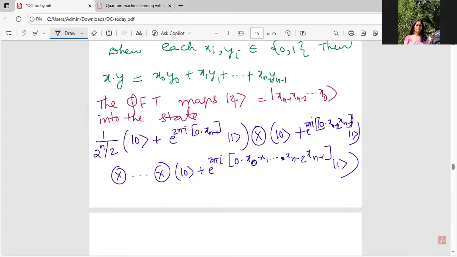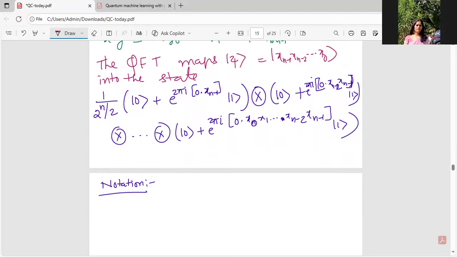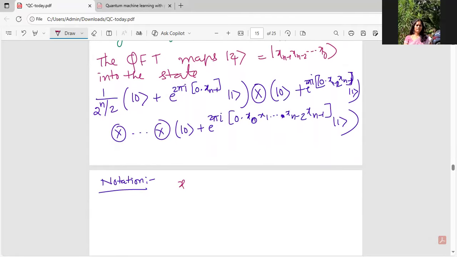Now let's see what the notation stands for. Whatever x_0 by 2 that has to come is represented by 0.x_0, guys. The first term.